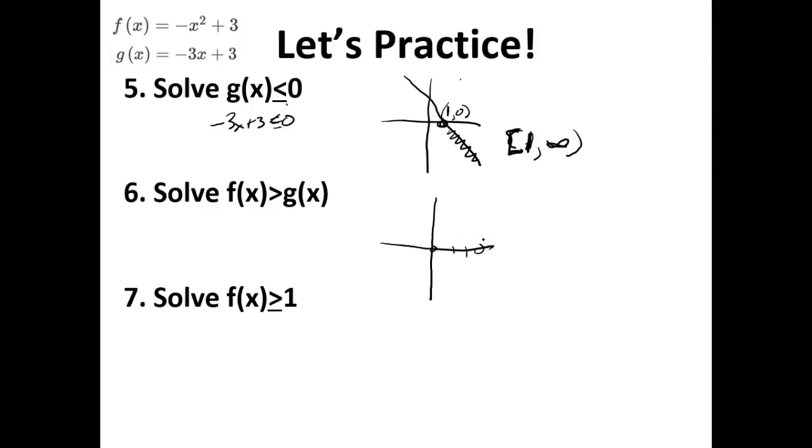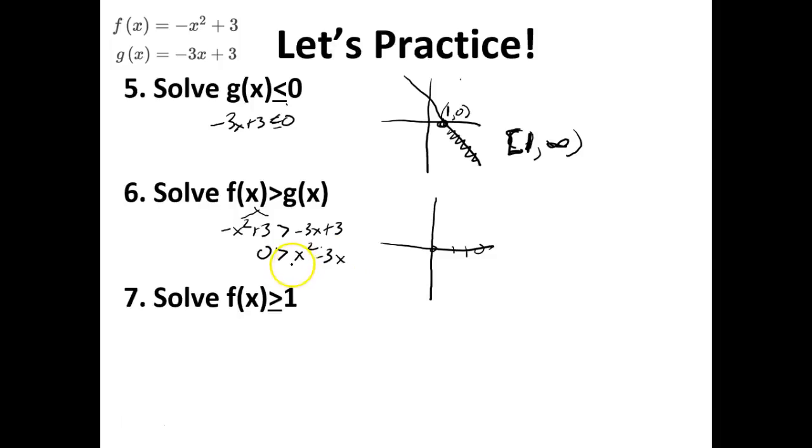Well, how do I figure out where they're greater? This started off as f of x, which is negative x squared plus 3, is greater than negative 3x plus 3. I got everything onto one side: 0 is greater than x squared minus 3x. I ended up with that at some point.